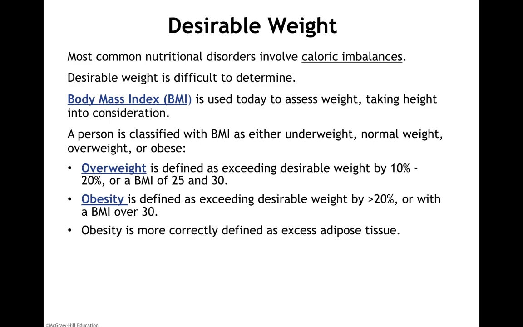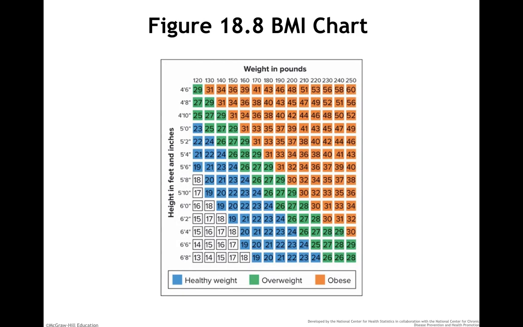And obesity is more correctly defined as excess adipose tissue, excess fat. So probably the vast majority of people we know using just this formula would be classified as obese. Adults, I guess I should say.